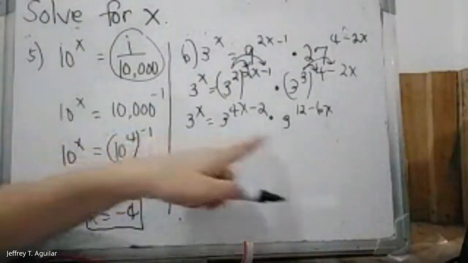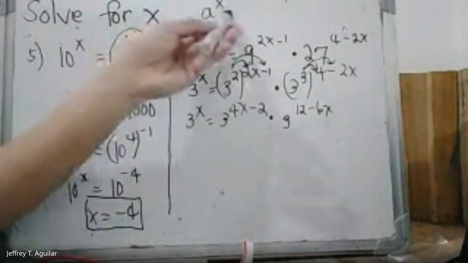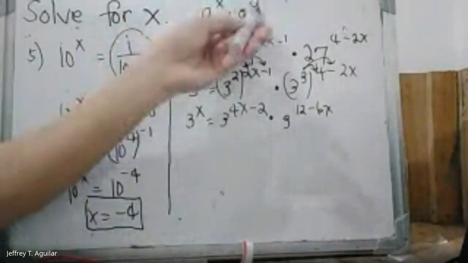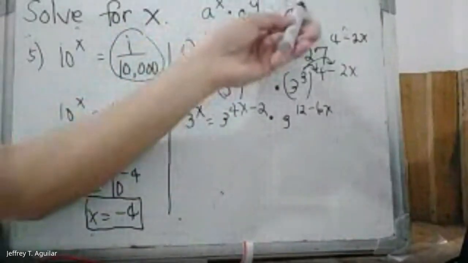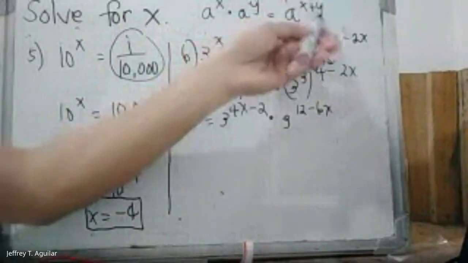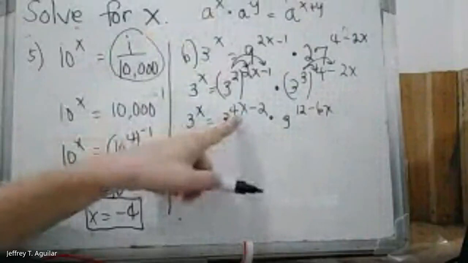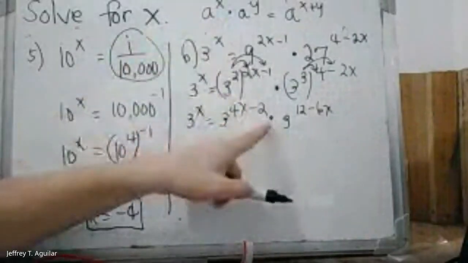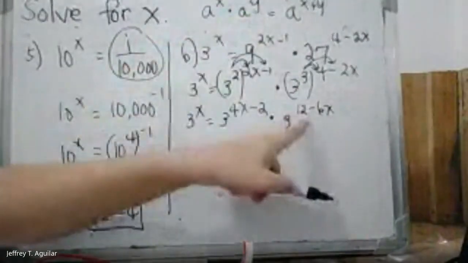Now at this point, this is actually following from the property a to the x times a to the y, which is equal to a to the x plus y. Why? We have here a, we have here its own exponent, a multiplication operation, and we have 3, which is a, and we have another exponent.